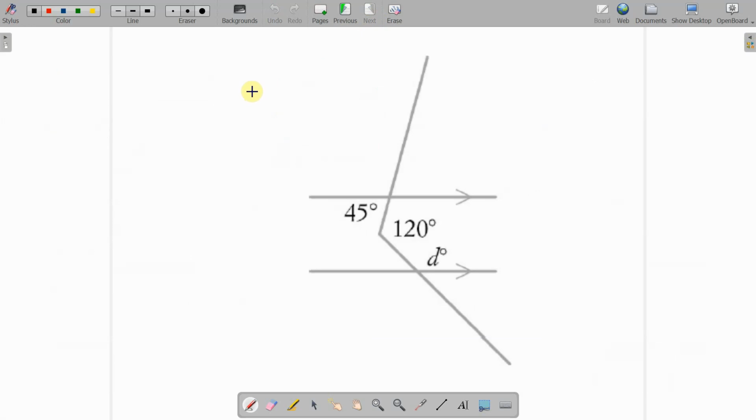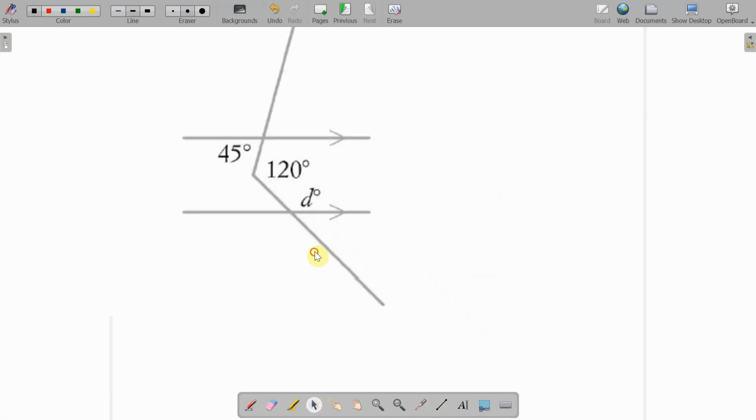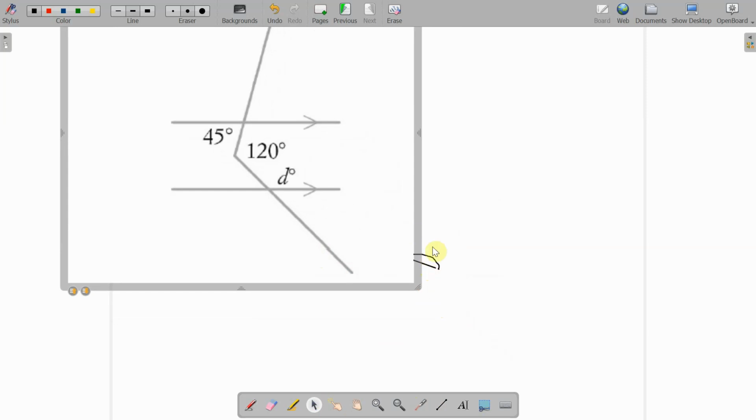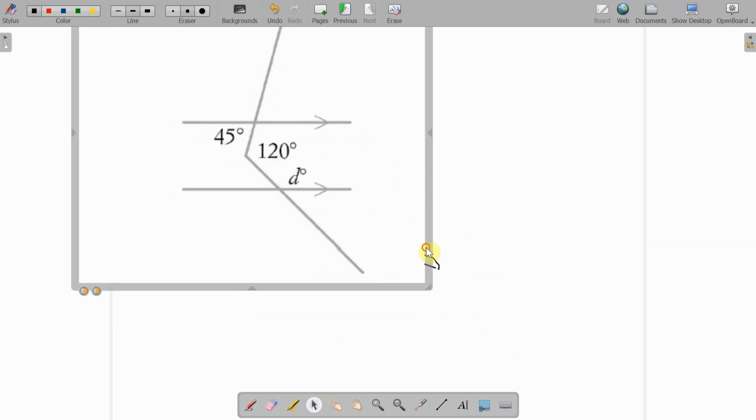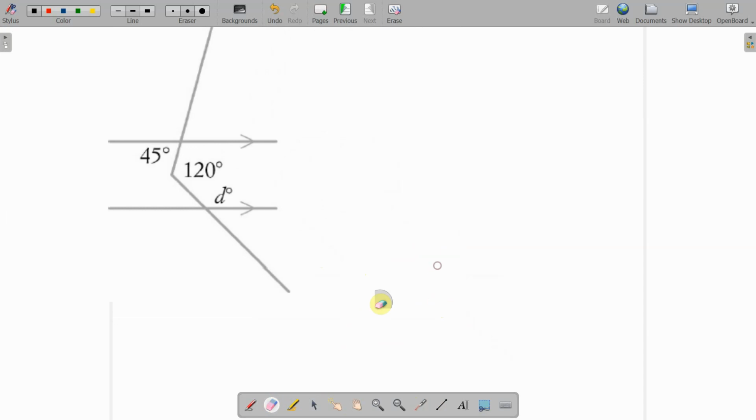Now, just remember with all of these, sometimes you've got to piece together a fair bit of stuff to get the answer. I looked at that and I thought, okay, what do I need to get? So here's our D. I'll do a quick sketch over here.